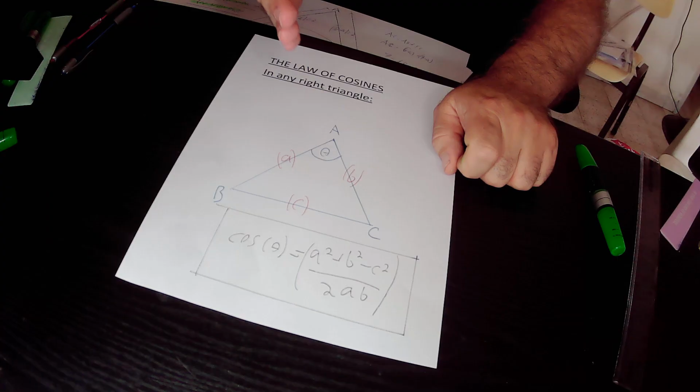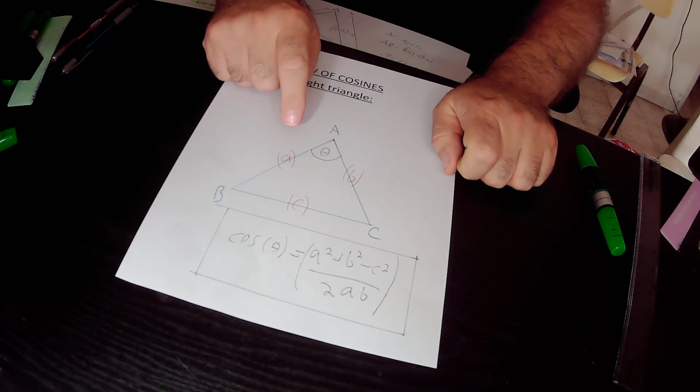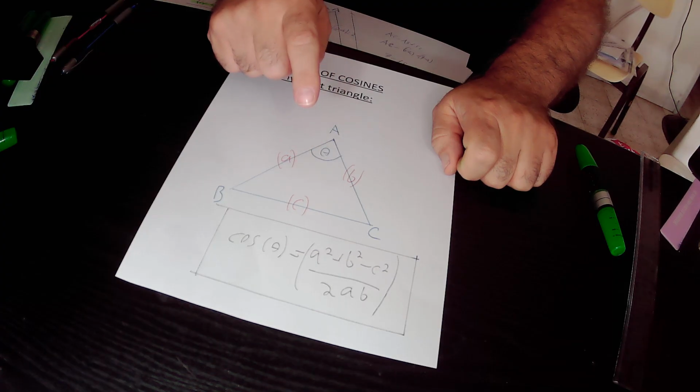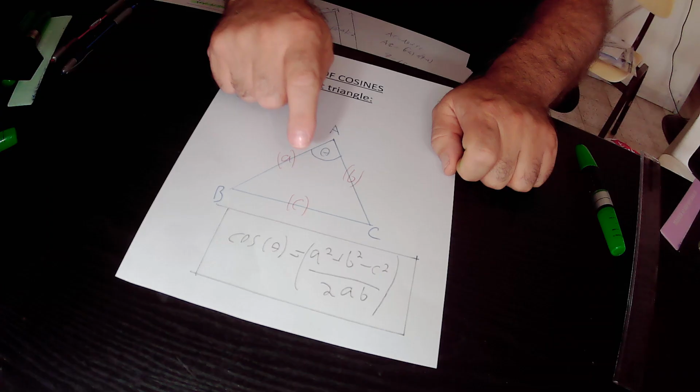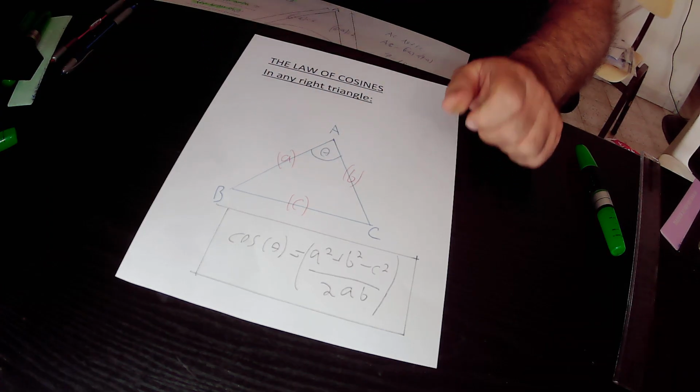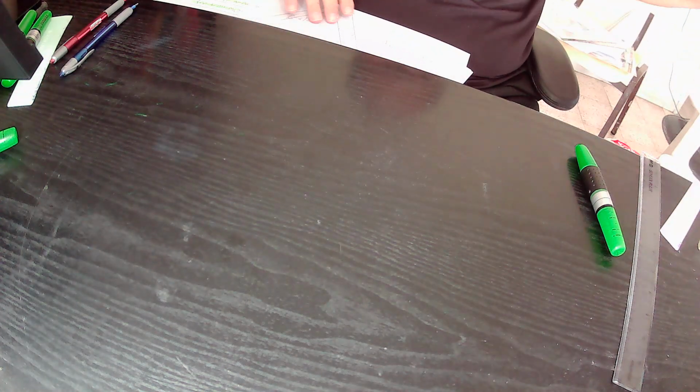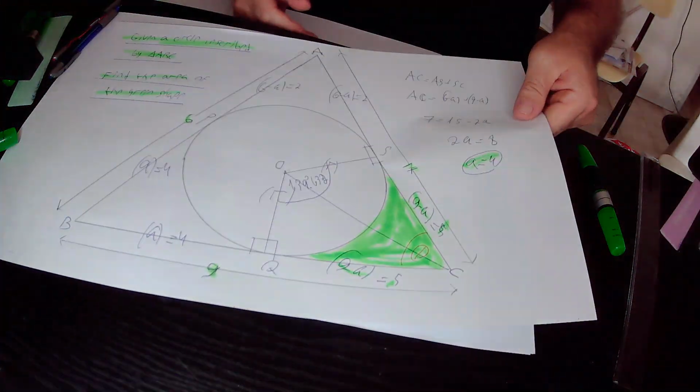According to the law of cosines, cosine theta equals A squared plus B squared minus C squared over 2 times A times B. Again, cosine theta equals A squared plus B squared minus C squared over 2 times A times B. Now we implement the law of cosines in our drawing.